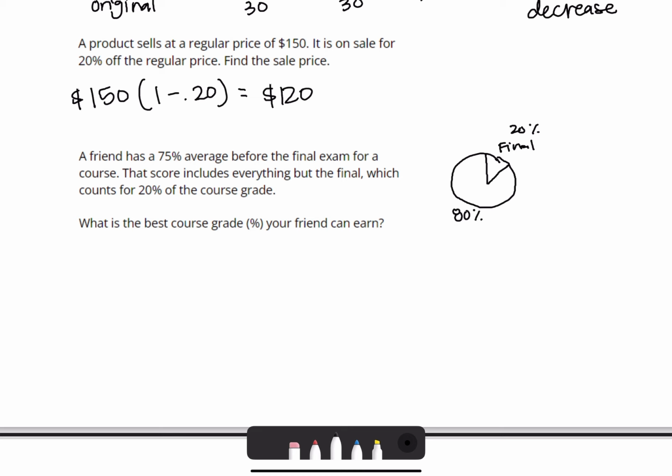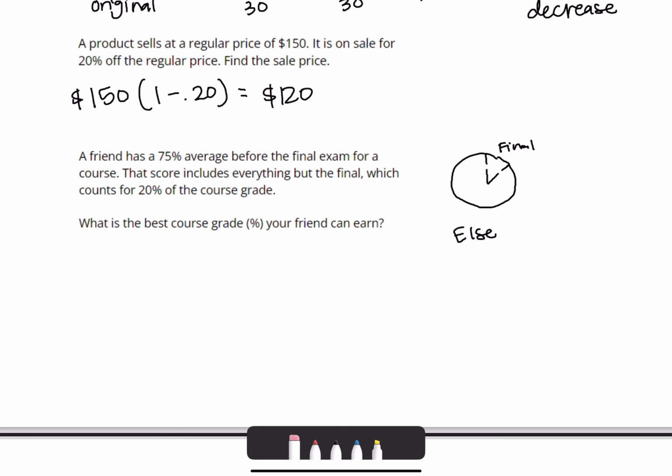So 80% is everything else. And it says that a friend has a 75% average for everything else, and we don't know what grade they have on the final. It's not given to us.